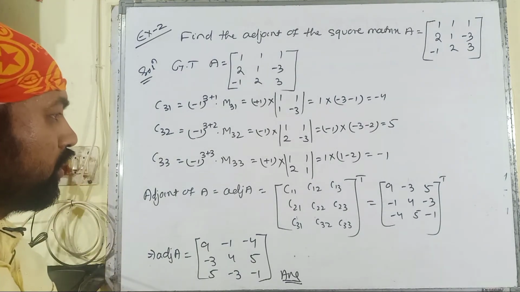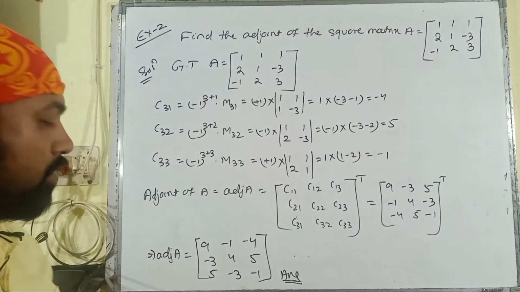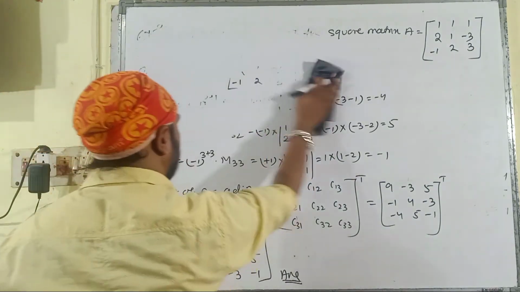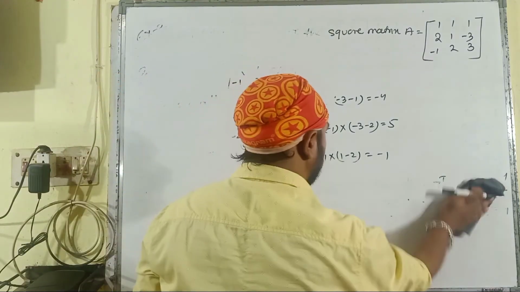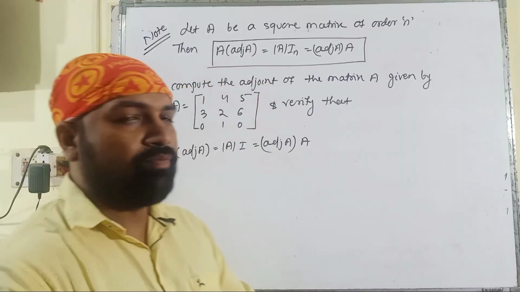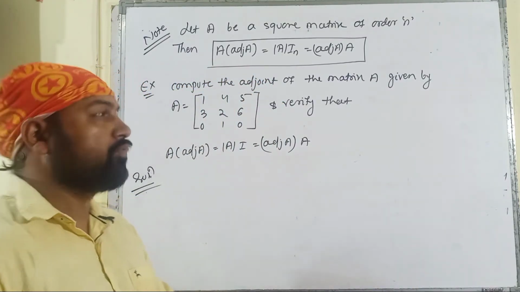Then let us go through the important theorem based upon the adjoint of a square matrix.